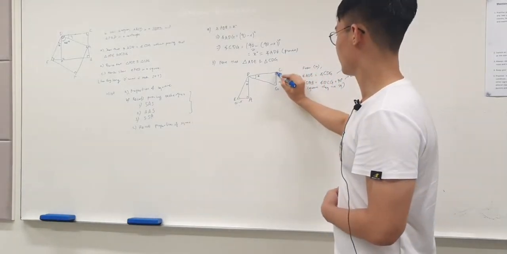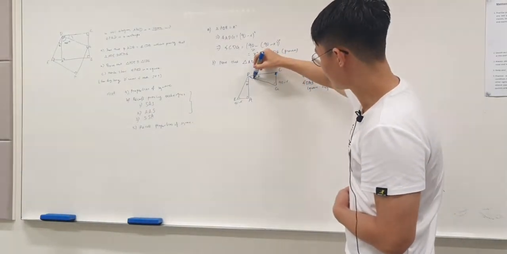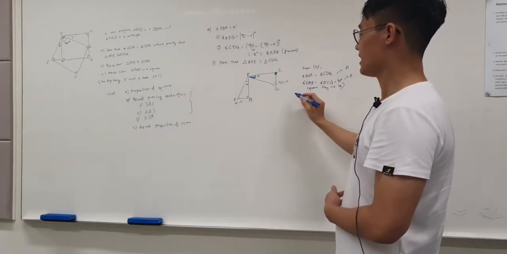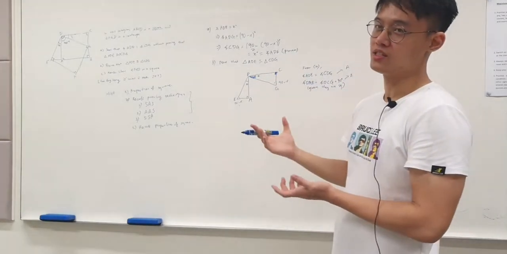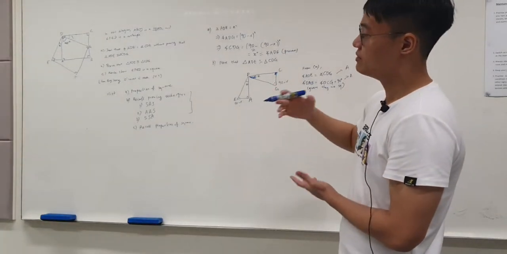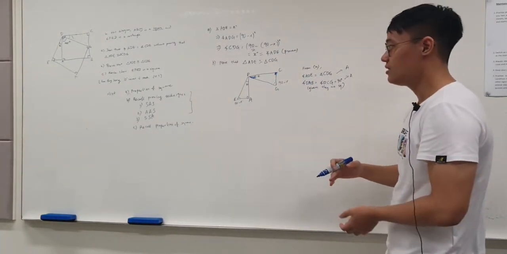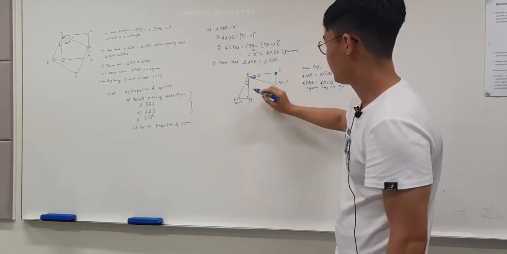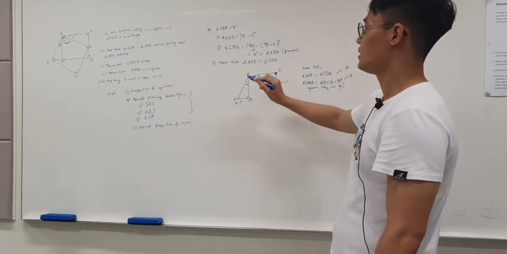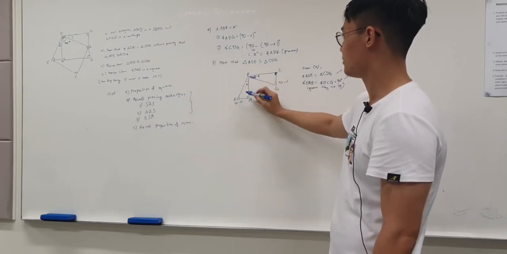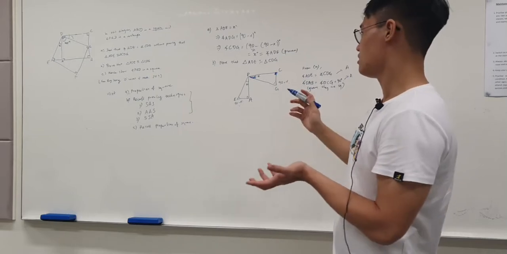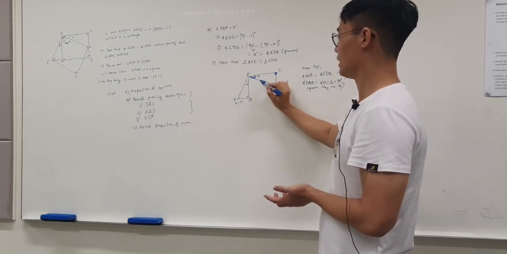So what we look at is this angle and this angle. Maybe let's just look at a side, because a side is an important property of a congruent triangle. One side you might look at is ED and DG, but we cannot prove that these two are equal.